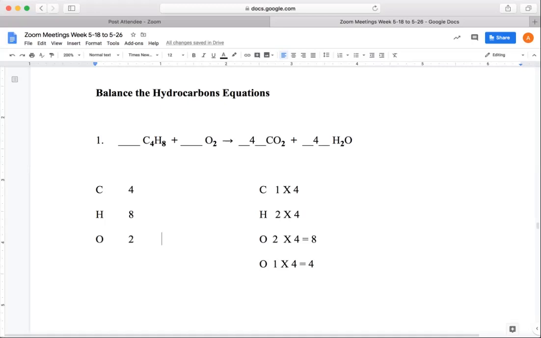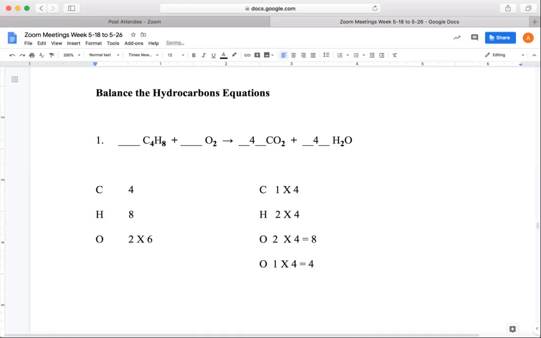So what you have here is 12 oxygens, right? You have 2 oxygens on the other side. So what number can you multiply this 2 by to make 12? What do you guys think? It would be 6, right?